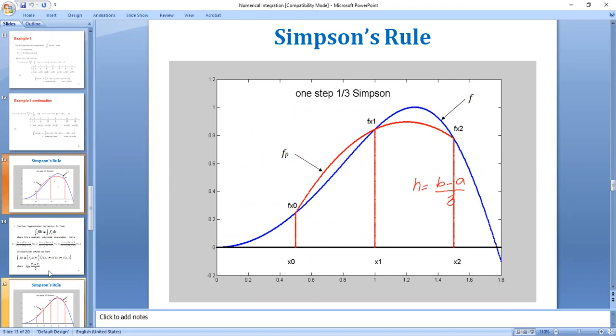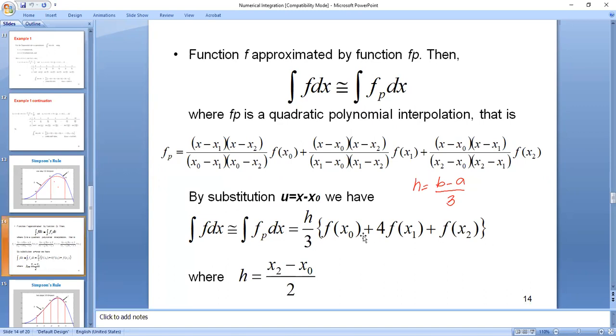So you only have 3 terms. The first and the last don't have any multiplier, but the middle term, class, alternates. What you could see here for now is just a 4. But actually, if you have more than 2 divisions, you're going to see an alternation of 4, 2, 4, 2, and it ends with 4.